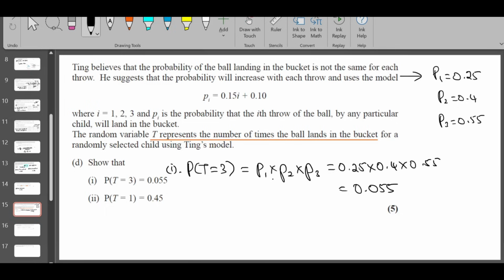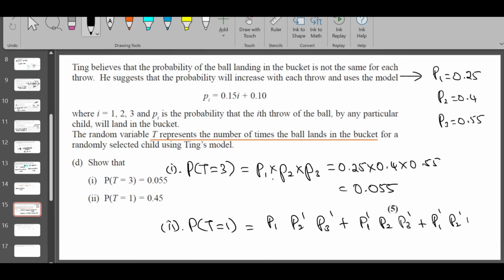Part 2. What do they mean by P of T is equal to 1? Out of 3 throws, the child managed to put the ball into the bucket only once. It can be the first one, with the second one a failure and the third one also a failure. Or it can be the second throw, with the first and third failures. Or the child manages to put the ball in the bucket on the third throw, so the first 2 are failures.